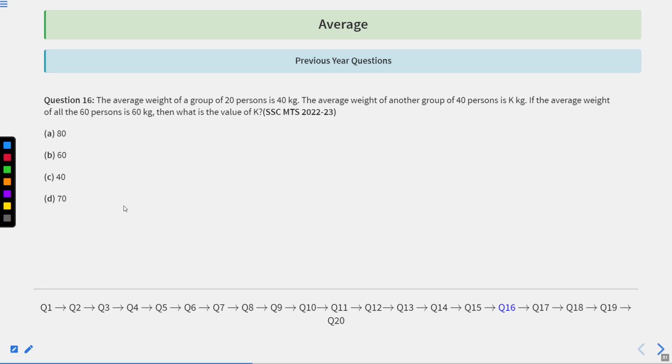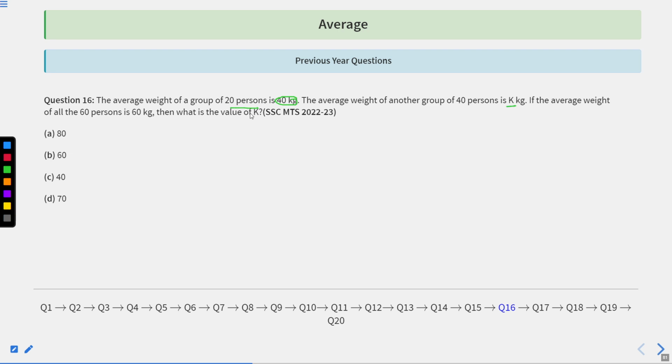Let us move to problem number 16. The average weight of a group of 20 persons is 40 kg. So there are 20 people in a group whose average weight is given to be 40 kgs. The average weight of another group of 40 persons is k kgs. So there is another group of 40 people and their average weight is k.